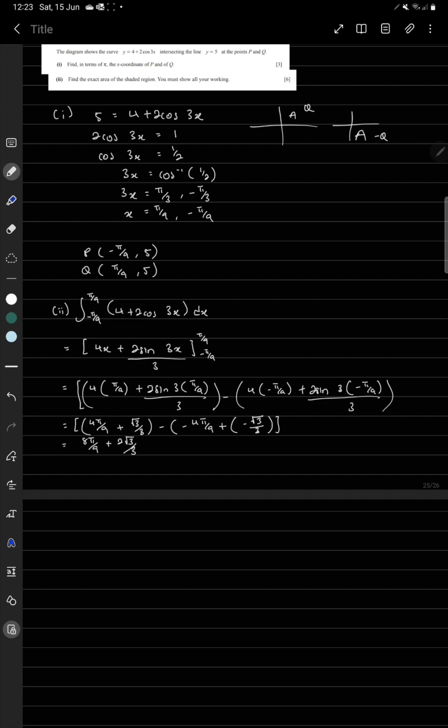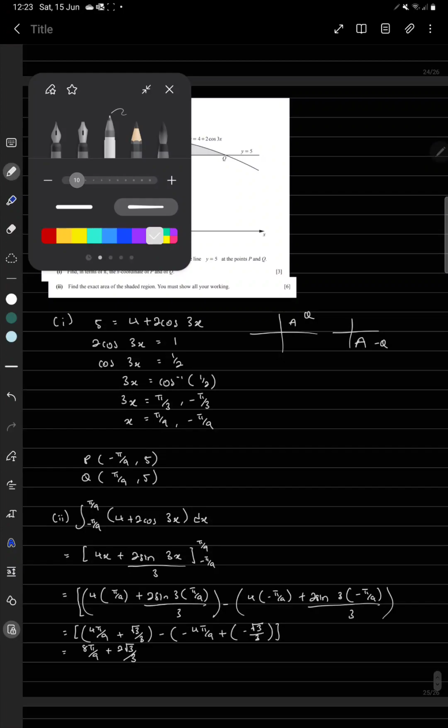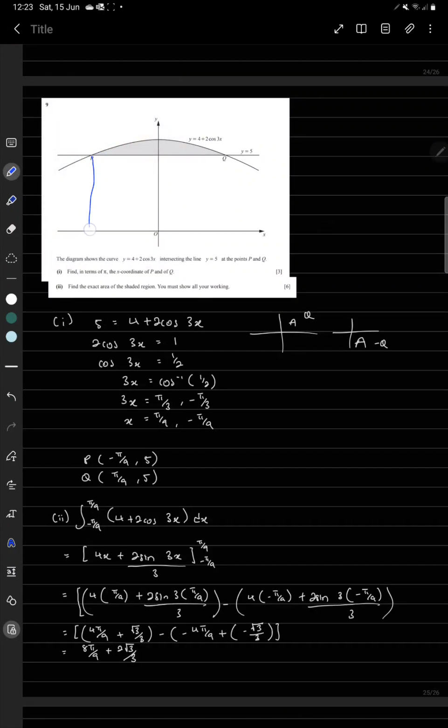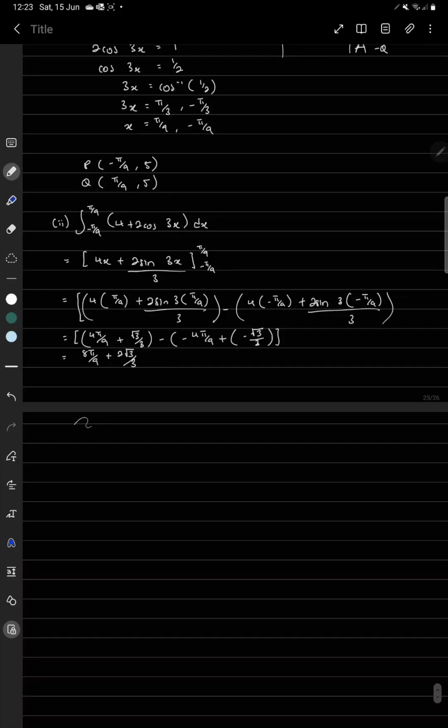We're not done yet. This is only the area under the curve. So we've only found the area of this whole thing, the shaded region plus the part below. We don't need the area of the part below here. So we're going to use the formula for the area of a rectangle. That's our second step.